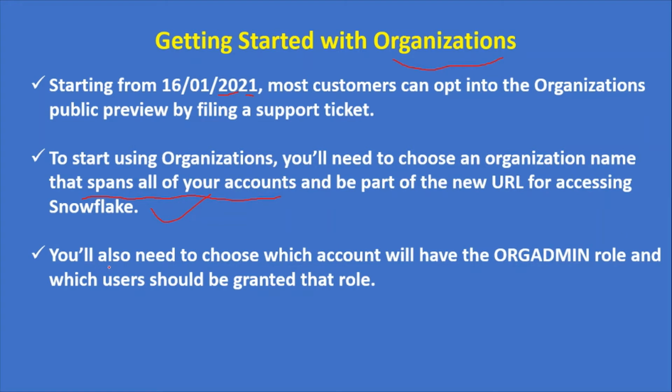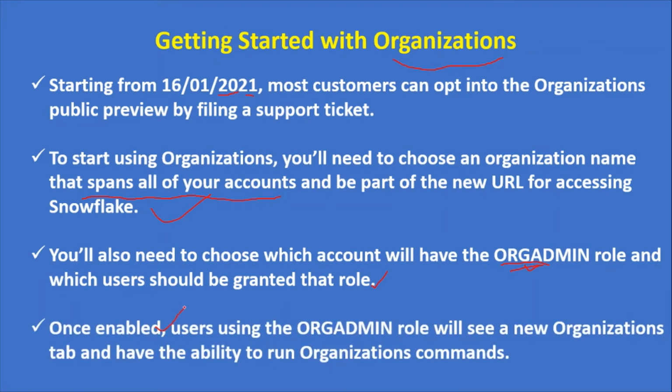You will also need to choose which account will have the org admin role and which user should be granted that role. To create an account, one of the users should have the org admin role. Once this org admin role is enabled, users using the org admin role will see a new organizations tab and have the ability to run organizations commands.